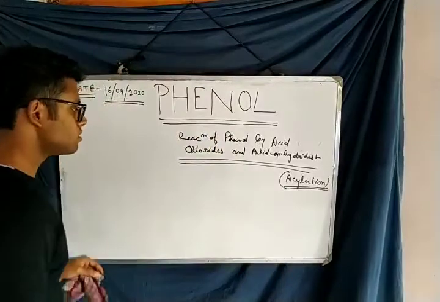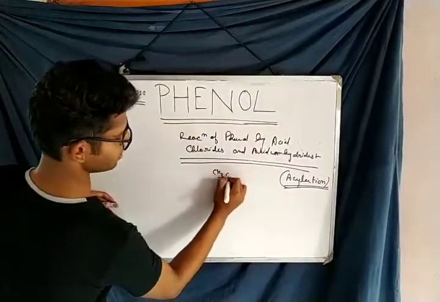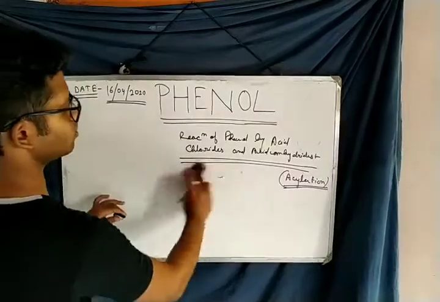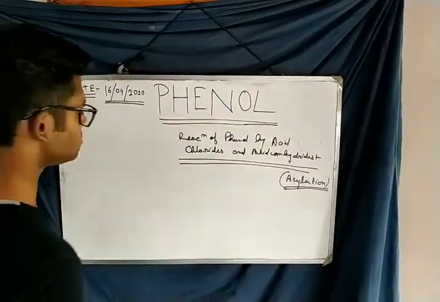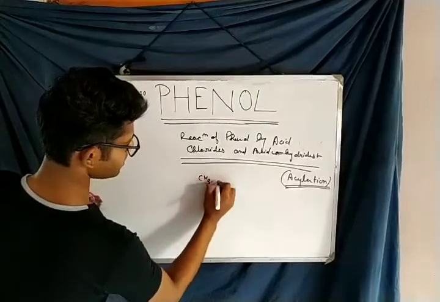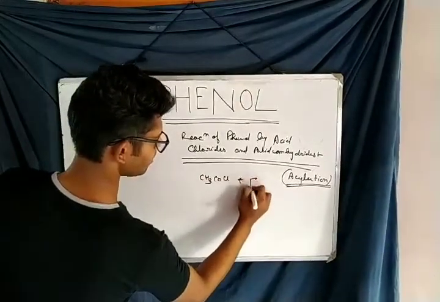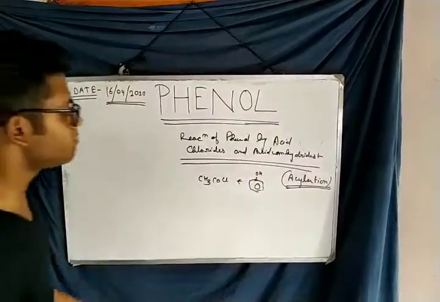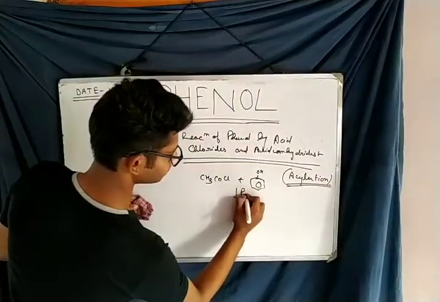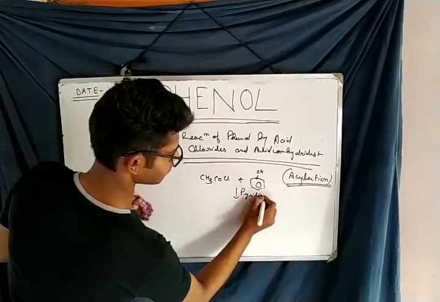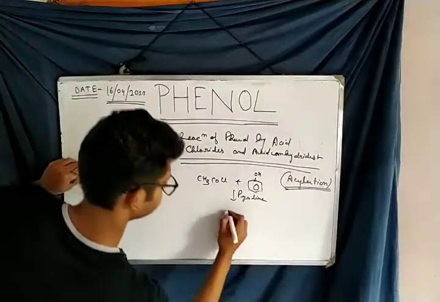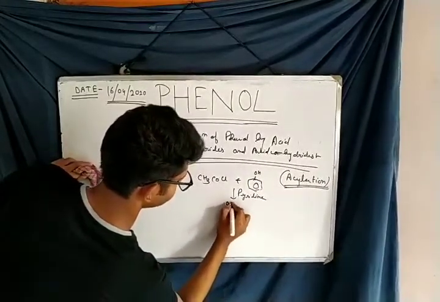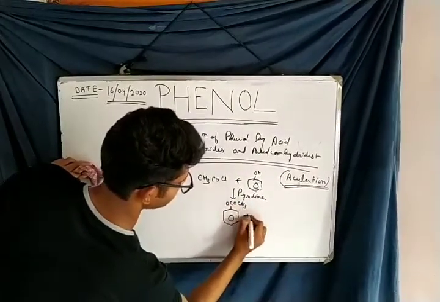So what is an acid chloride? CH3COCl is the acid chloride. When phenol is treated with acid chloride, CH3COCl plus phenol, with the reagent pyridine, the yield compound will be C6H5OCOCH3 plus HCl.